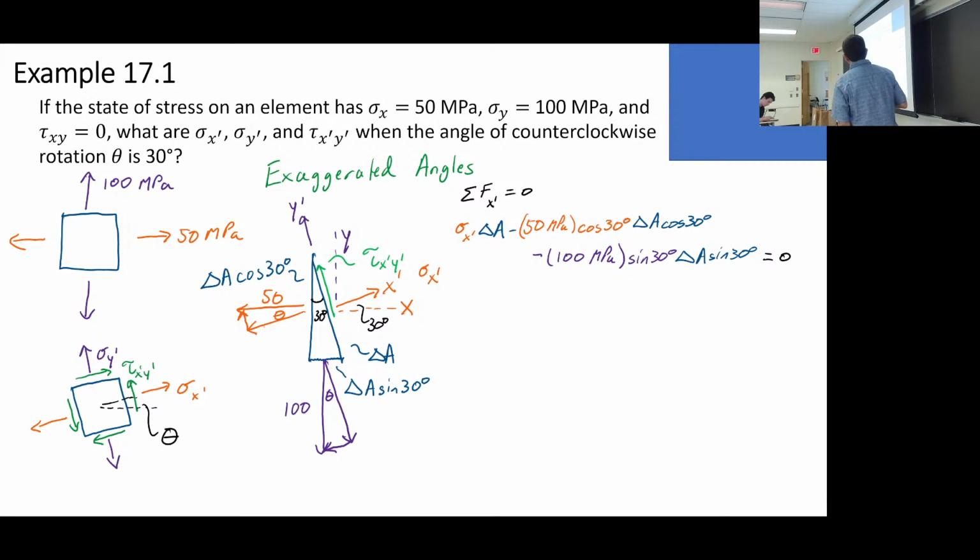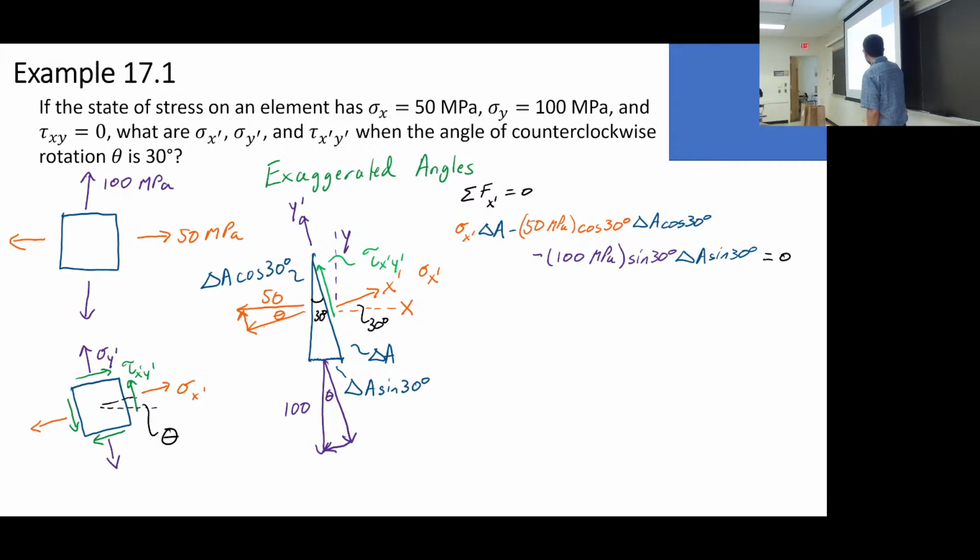So the delta A, yes, that face is parallel to the y direction and is perpendicular to the x direction. And it serves as the area on which sigma y is acting. Sigma y is acting perpendicular to this y face, right? That's a normal stress. That's what a normal stress does, it acts normal to it.